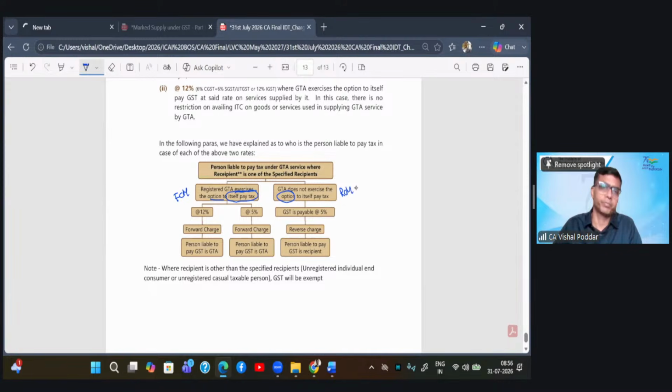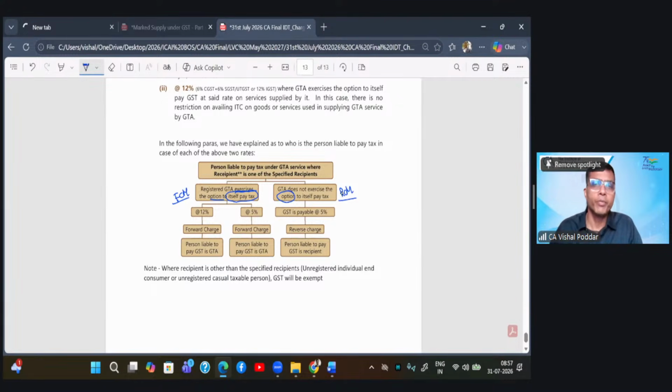Interestingly, this choice has to be exercised by you at the start of the year, and then throughout the year you cannot change that choice. If you opt for FCM, you will be in FCM throughout the year. If you opt for RCM, you will be in RCM throughout the year. You can change this category only after the end of the year.